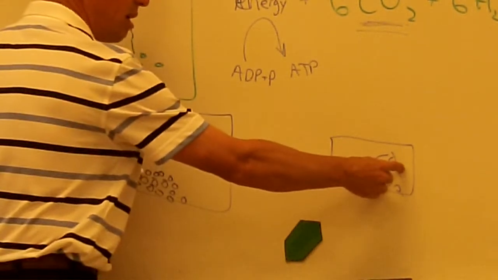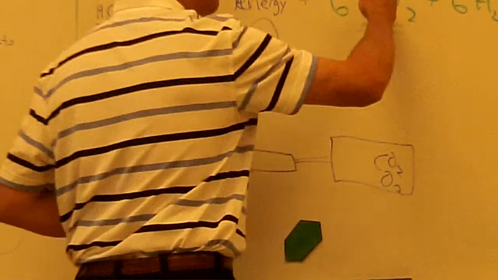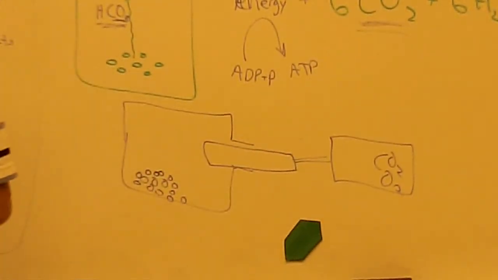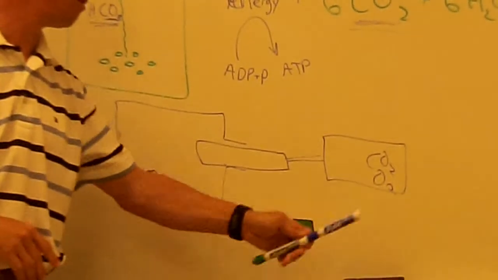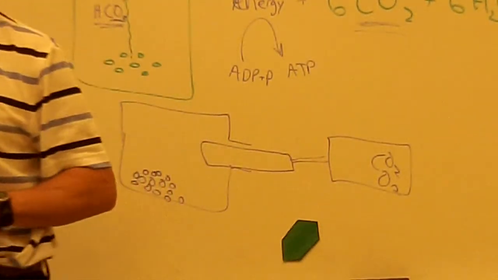What's the CO2 reading going to be on the probe? What's it going to do? It's going to stay the same? It's going to go up? It's going to go down? Increase. It's going to increase, because they're doing respiration, they're producing CO2. What would happen to the O2 level on the probe, Elena? It would decrease, because they're taking up O2 to do their respiration.